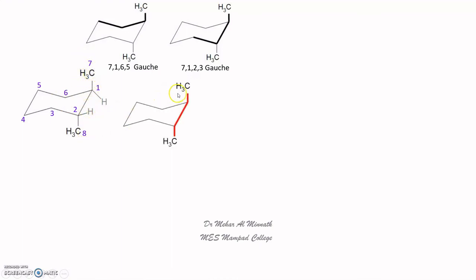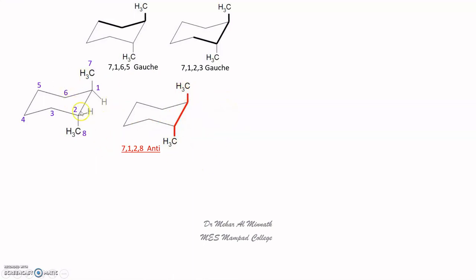That is a gauche unit. Another possibility is 7, 1, 2, 3, which is again another gauche unit. Now, another possibility is by including the 8th carbon, you get 7, 1, 2, 8, which is anti. You can clearly see the anti form.